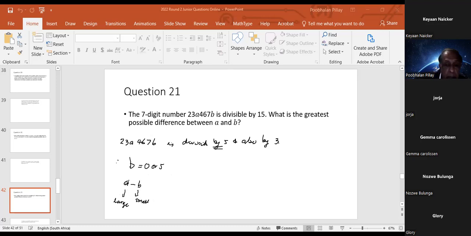That way I will have A minus B as large as possible. So you want B to be as small as possible and A to be as large as possible. And therefore you will choose B to be 0. You wouldn't choose B to be 5.